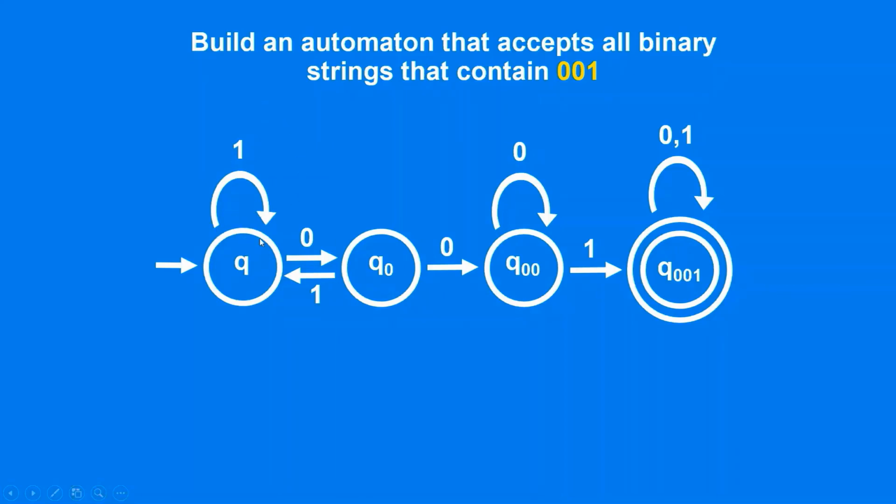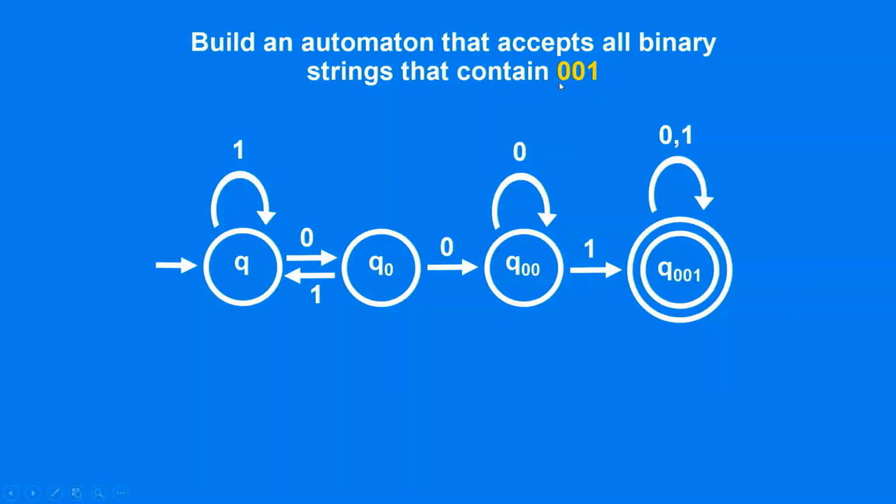When you encounter the first 0, you go to this one. So this is one kind of memory we are using. States, as I told you last class, are a kind of small memory. When you are in this state, it indicates that you have scanned 1, 0, at least the first 0.